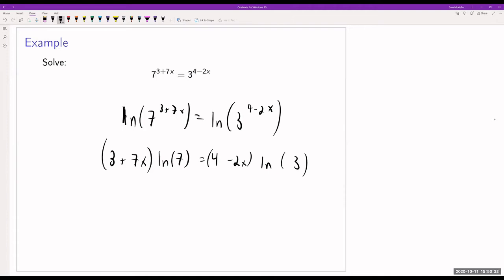Now we'll just have to go ahead and isolate x. Remember that ln of 7 and ln of 3 are simply numbers, so we can treat them as such. We'll first distribute, move all the x's to one side, and then divide to solve. So this will be 3 ln of 7 plus 7x, let's say 7 ln of 7 times x, is equal to 4 ln of 3 minus 2 ln of 3 times x.